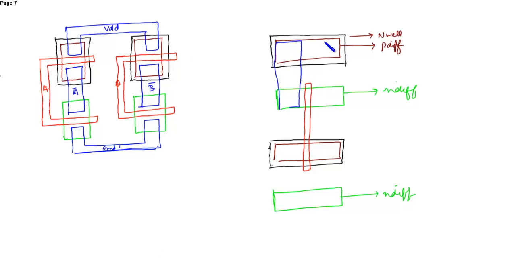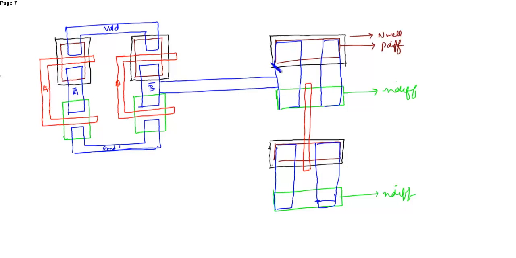This is input and this is output, and this is the input and this is the output. So this B bar is connected to this directly, then B is connected to here.